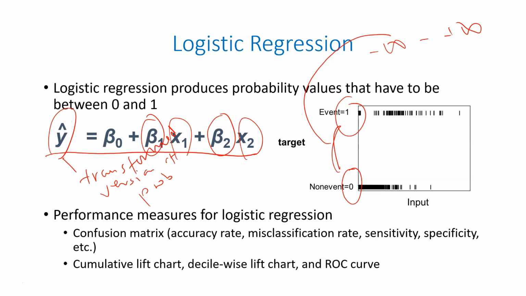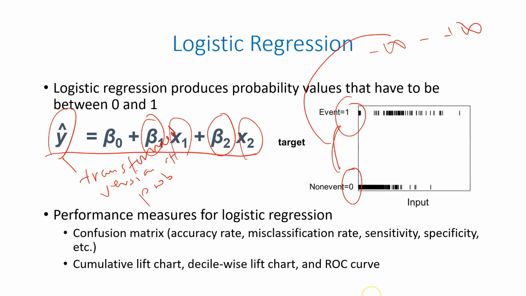Instead, they are also transformed versions of the magnitude and directions. So in order to understand the logistic regression, you need to understand the transformation that is needed to convert probability values into unbounded values, and then how to interpret the coefficients in the function, both of which will be discussed in detail in the next few slides.